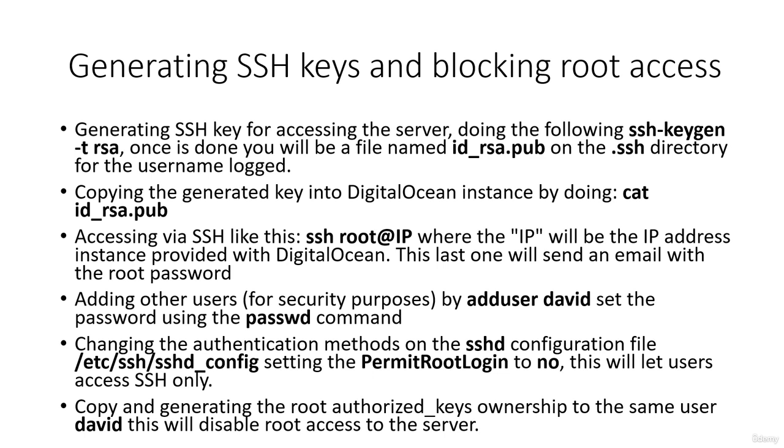Set the password using the passwd command, and change the authentication method in the sshd configuration file to let the user access via SSH only. After that, copy the root authentication key ownership to the same user, David. As you can see, this will disable root access to the server.